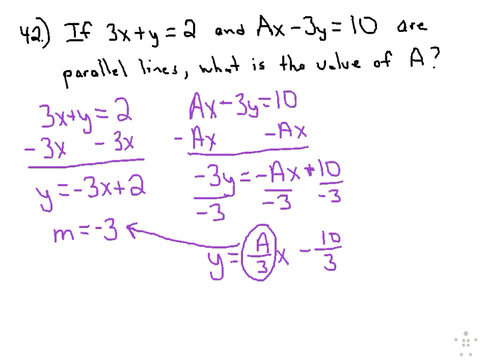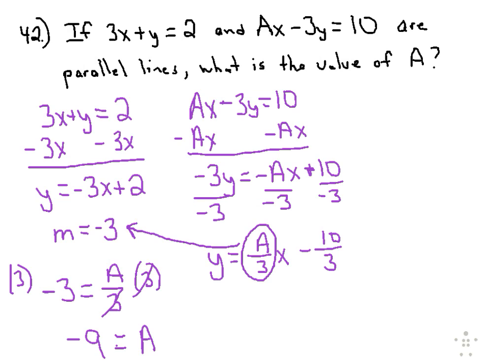So I'm going to set that equal to each other. So I'm going to say, well, negative 3 must be equal to a over 3, and solve for a. So multiply both sides by 3. This cancels, and I get negative 9 is equal to a. So I know that a must be equal to negative 9. And that concludes section 2.3.